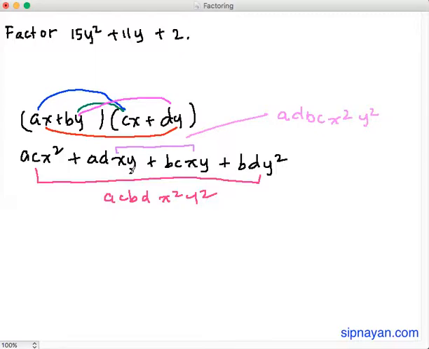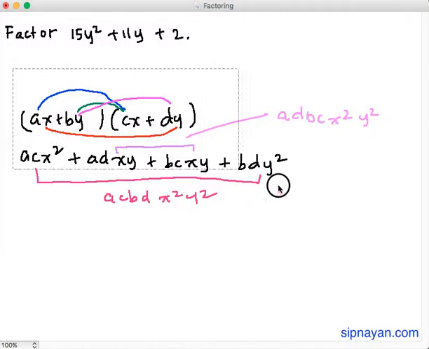So practically they are the same. The sum is these two terms, the outer term and the inner term. Their product is the same as the product of the first and last terms. Okay? So let's use that strategy to factor this.